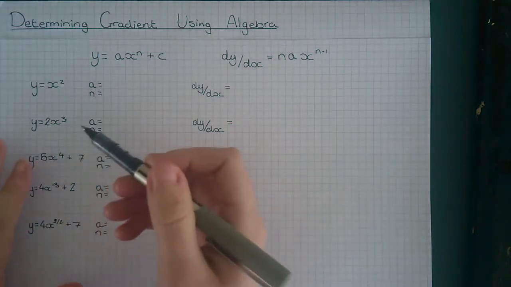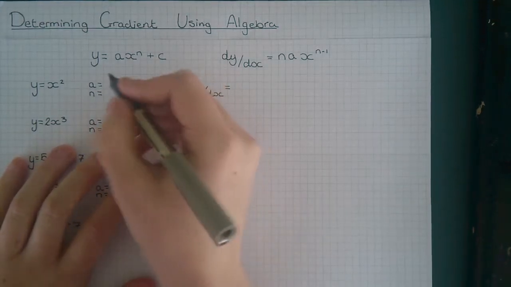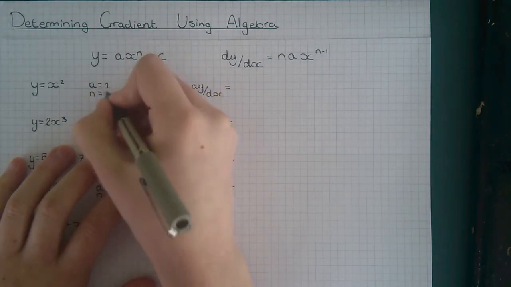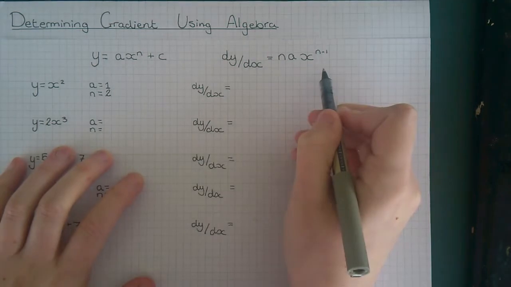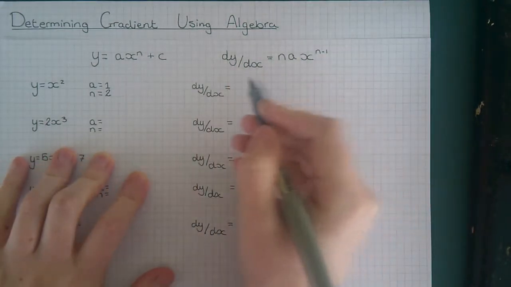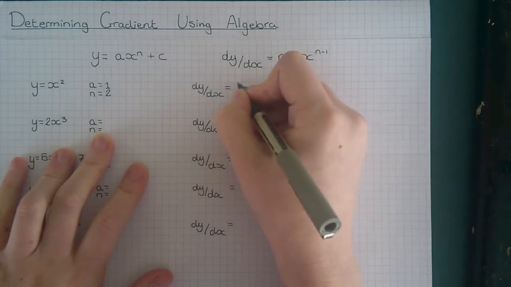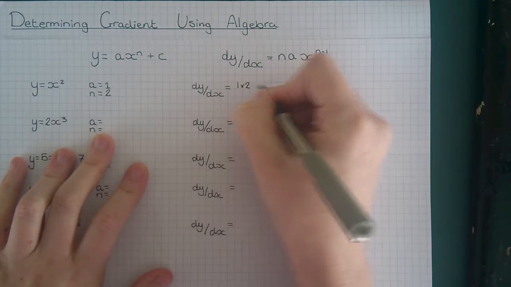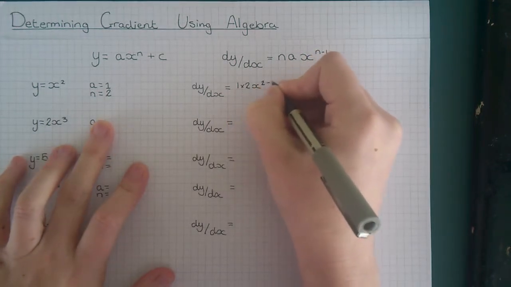First example is y equals x squared. In this example, a equals 1 and n equals 2. So using our general equation here, dy by dx equals 1 times 2x to the power of 2 minus 1.